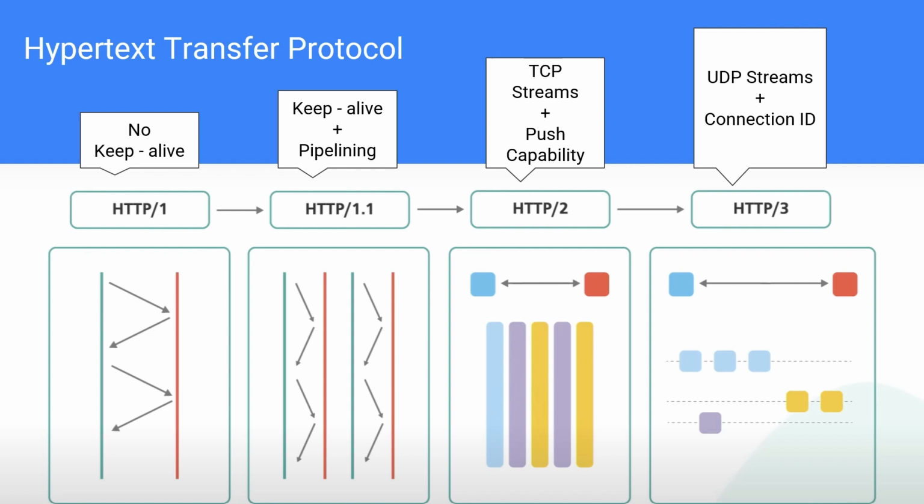Until it is resumed, everything is stuck behind it. But in HTTP 2, TCP streams are independent, so we were able to resolve the transport layer problem of head of line blocking. And it also came up with push capability.